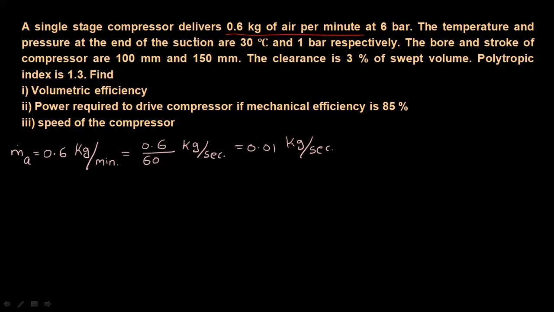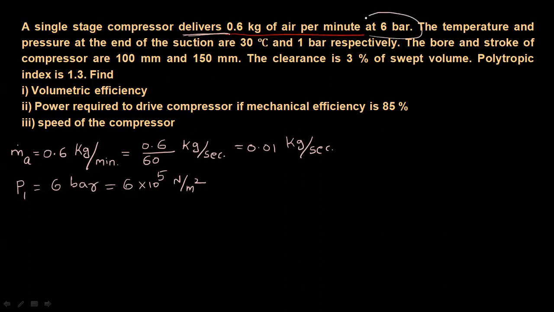Now the next thing is, the single stage compressor delivers 0.6 kg of air per minute at 6 bar. So the pressure is also given, that is 6 bar. If you want to convert this into Newton per meter square, 1 bar is 10 to the power 5 Newton per meter square.